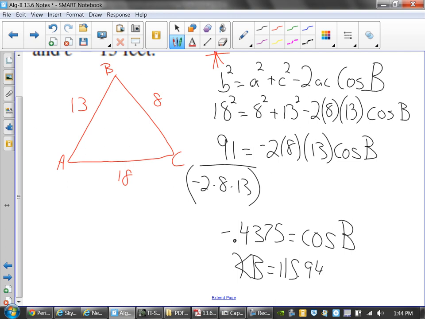So if this is 115, it's over here. I think we mentioned this in class last week. The ordered pairs go cosine and then sine. What's happening here is that in this quadrant, cosine values between 90 degrees and 180 degrees are always negative. The sine values in that quadrant would all be positive.